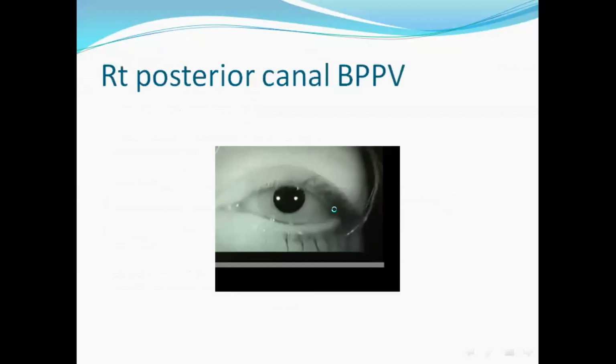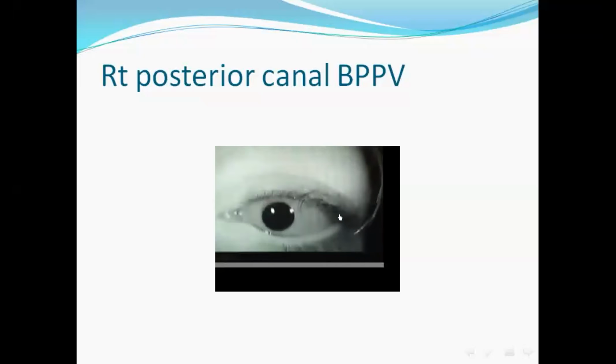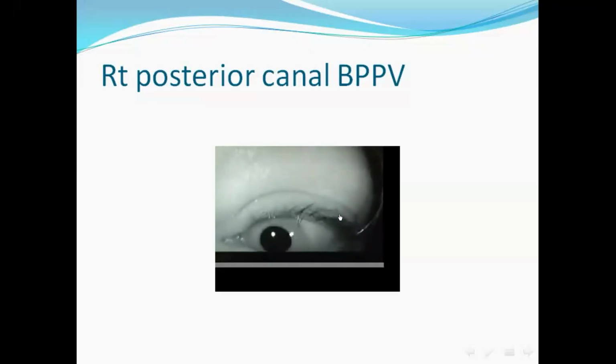This is the nystagmus in a patient who has BPV. When we put him in the Dix-Hallpike position, now we will see an upbeating torsional nystagmus. You see a torsional upbeating nystagmus, geotropic. This is on the right side.